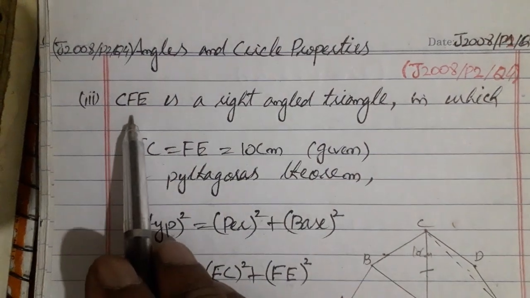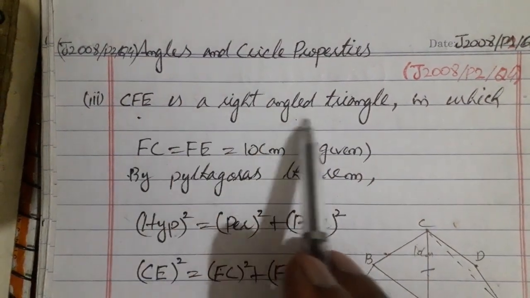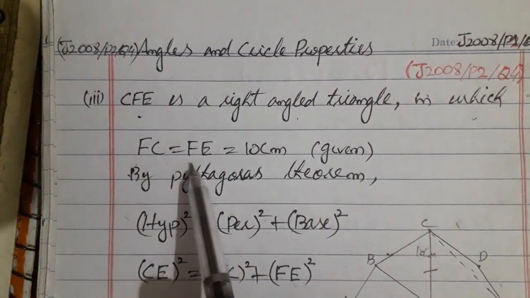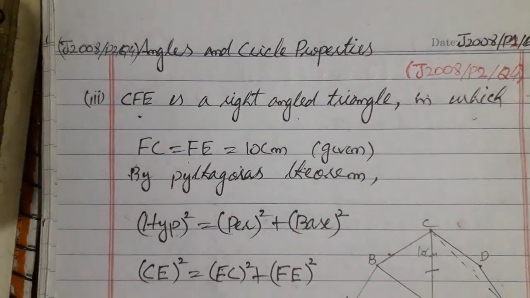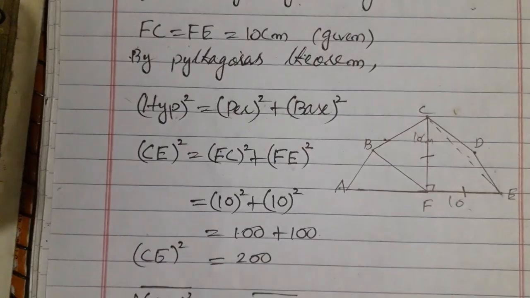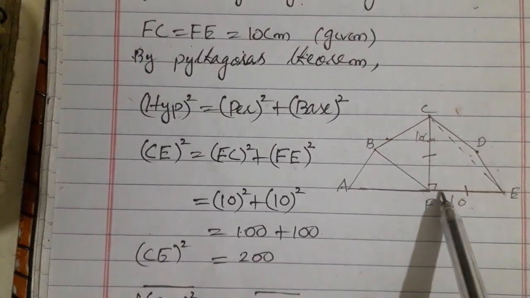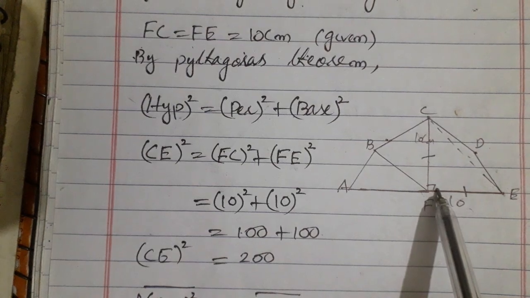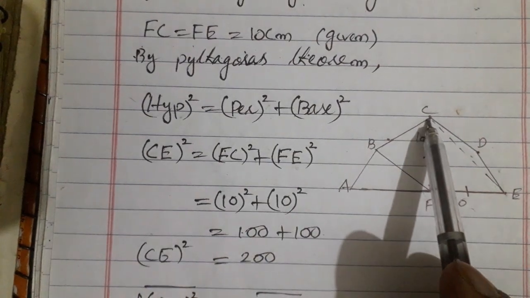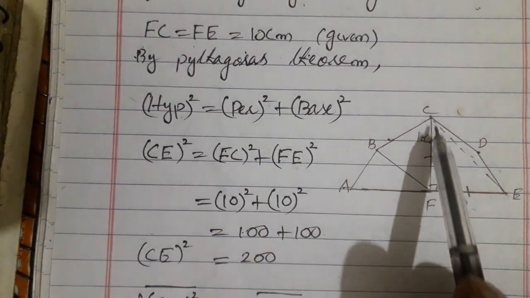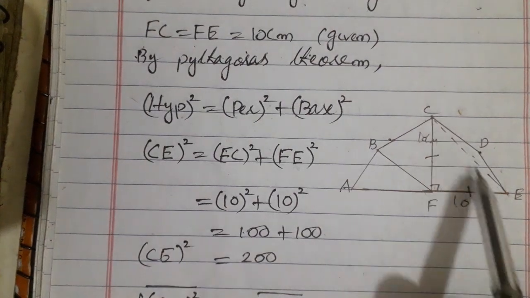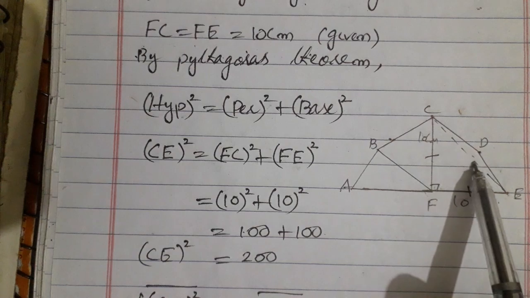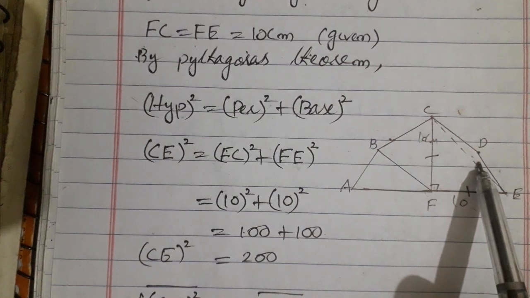Third part. CFE is a right angle triangle in which FC is equal to FE, both equal to 10 centimeters, given. CE is the hypotenuse.